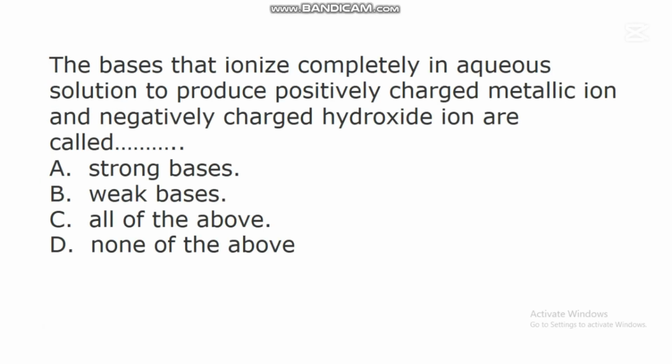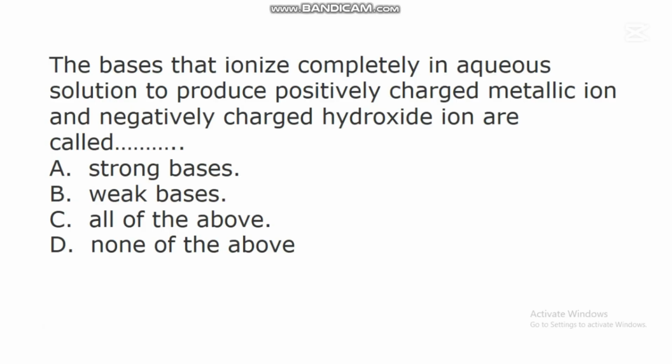The next question says, the bases that ionize completely in aqueous solution to produce positively charged metallic ion and negatively charged hydroxide ion are called dash. A. Strong bases. B. Weak bases. C. All of the above.